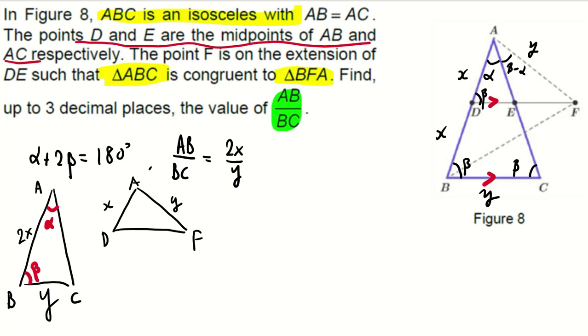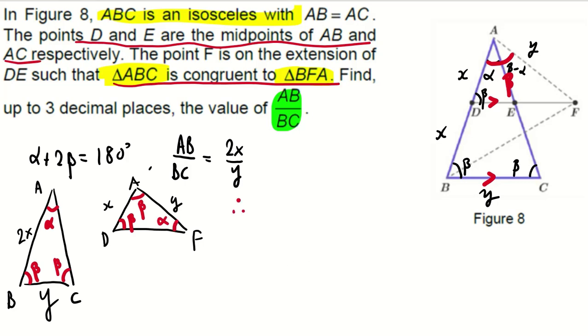We already know that the angle ADF is beta, and the angle BAF is beta, because the triangle ABC is congruent to the triangle BFA, and therefore this is also equal to beta. Let us fill in all the other values. The angle C here also equals beta because of isosceles. And because alpha plus 2 beta equals 180 degrees, the angle F here is alpha.